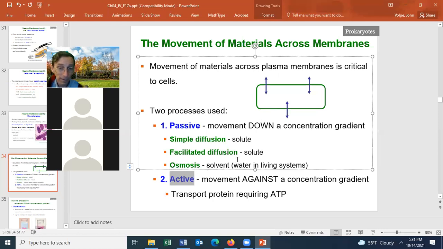Water is a solvent, not a solute. And the water will move into the cell by osmosis if the water is higher outside the cell than inside the cell. Okay, so osmosis is really either simple diffusion or facilitated diffusion, but it's a solvent, not a solute. Any question about any of that?